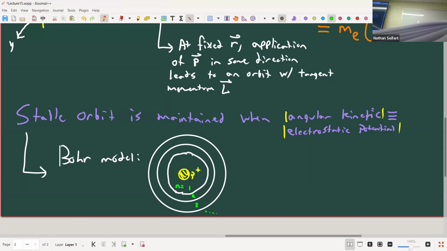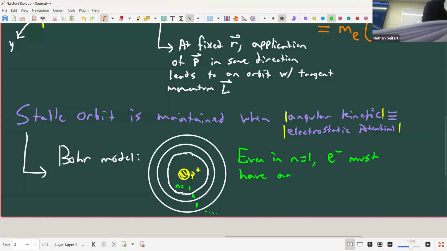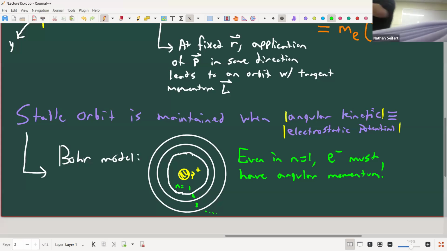It requires the electron to always have angular momentum, no matter what, even in the ground state, n equals 1. If it had no angular momentum, it wouldn't be orbiting, and therefore it would get sucked down completely. That was Bohr's claim.